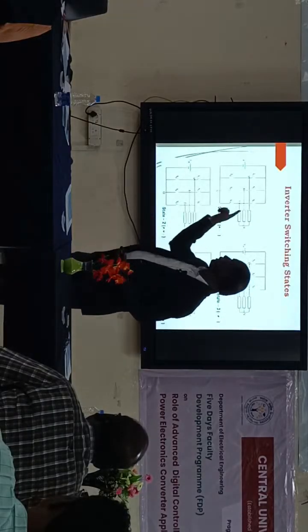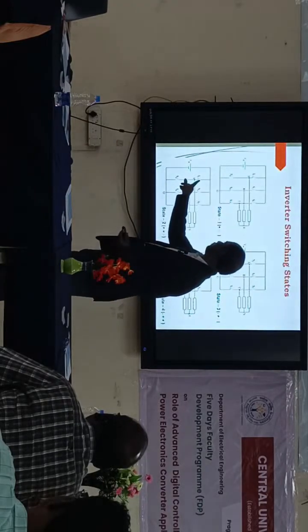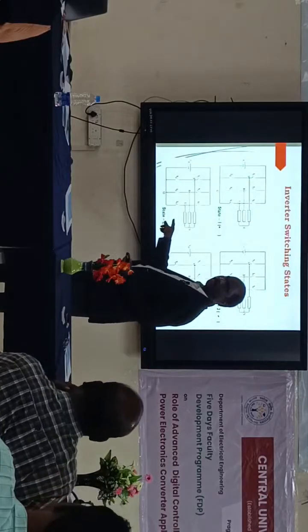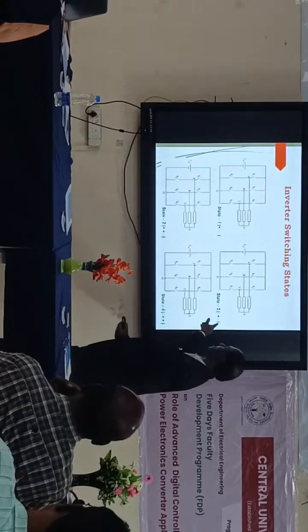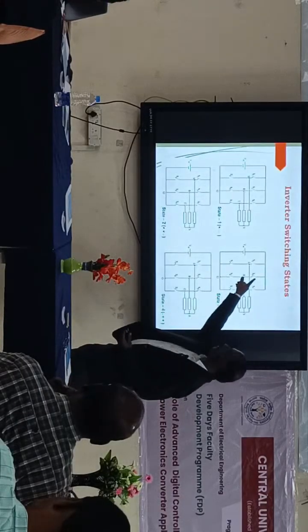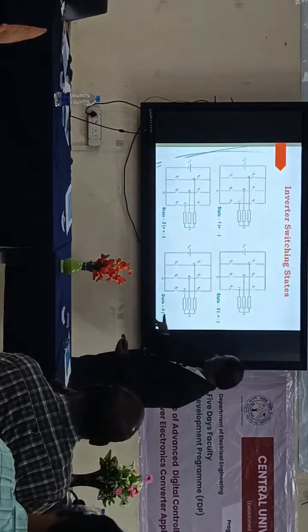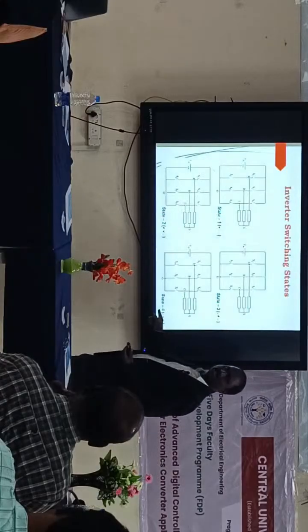What is the switching state when top, bottom, bottom is turned on? Plus, minus, minus. In a similar way, here plus, plus, minus: top, top, bottom. Here also bottom, top, bottom, that is minus, plus, minus. This is one switching state. Similarly, here also minus, plus, plus. That is switching state 4.